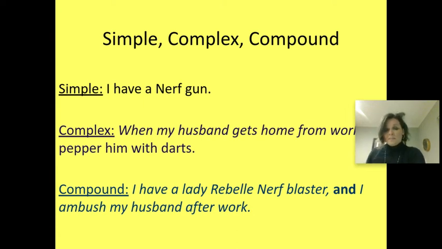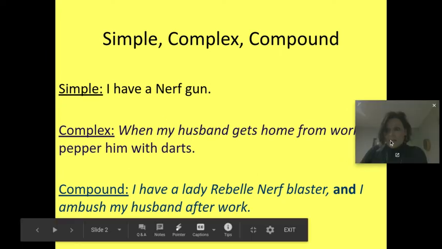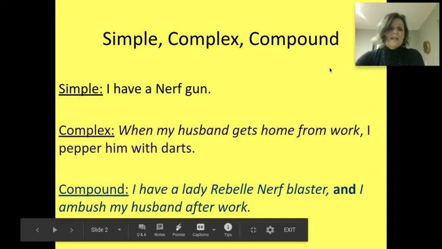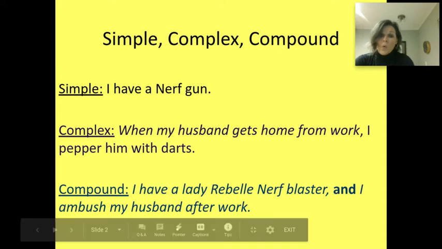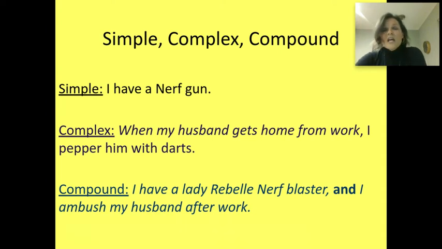So just remember, to be a sentence, you must have a subject, a verb, and a complete thought. I have a Nerf gun. That's just kind of a boring, non-fluent sentence. Mrs. McCaskey has taught you how to use the complex sentence, which is quite fun. So if I start with an as, a while, or a when, that makes the opener a dependent clause.